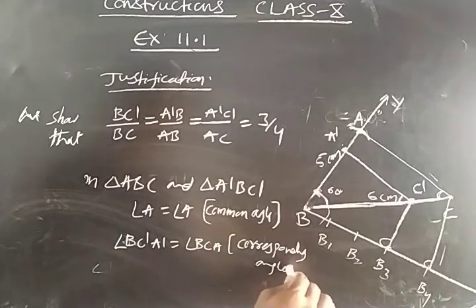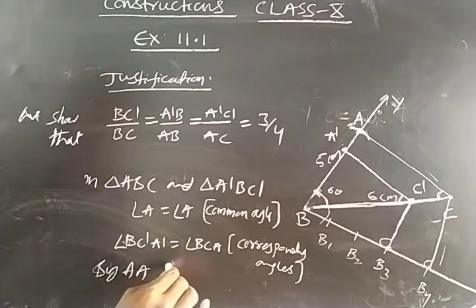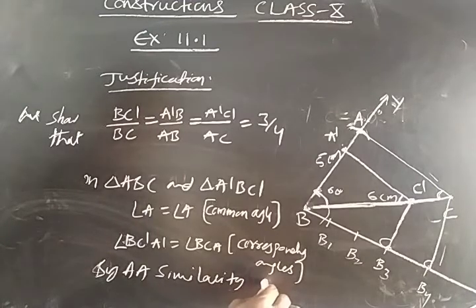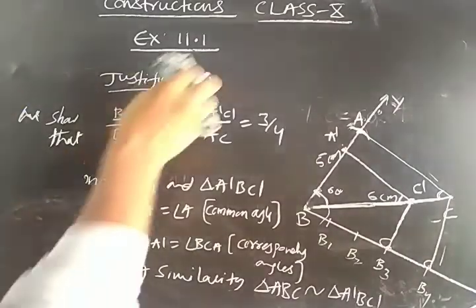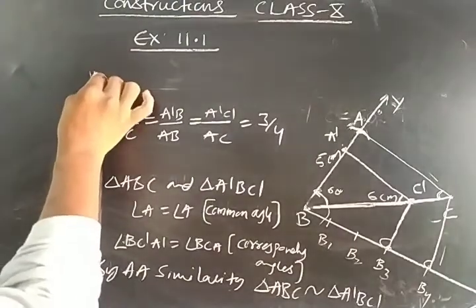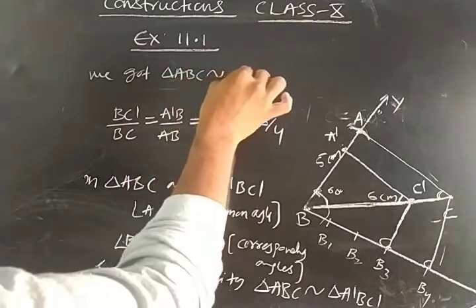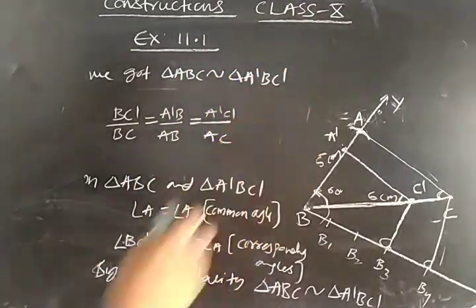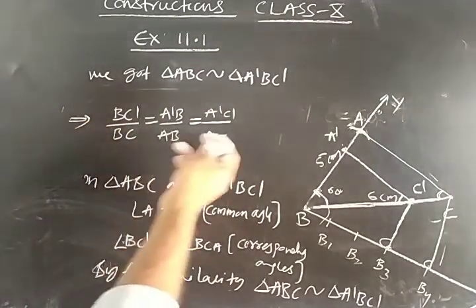So by AA similarity, we can write triangle ABC is similar to triangle A dash B C dash. If they are similar, then corresponding sides are in the same ratio. So we can write this.